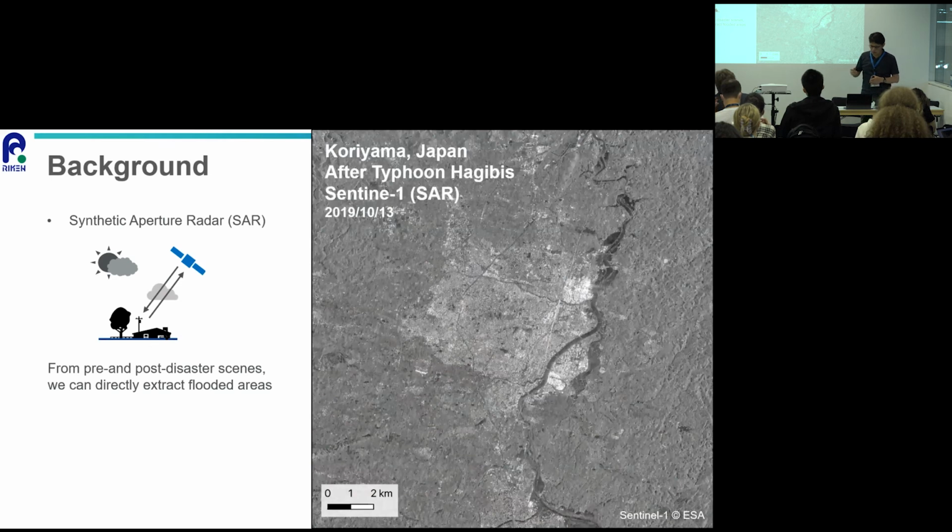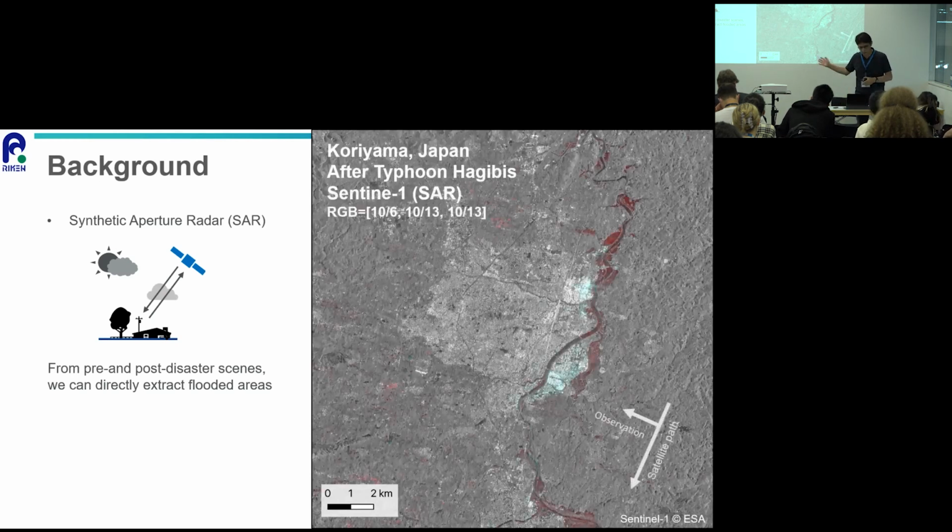I think there is a lot of work on flood detection, mapping affected flooded areas using SAR datasets, either post-event only, meaning only one scene, or using multi-temporal change detection analysis with one scene from before the disaster, pre-event, and one after, post-event. Here is a quick example combining one scene before and one after the disaster in an RGB color composite.